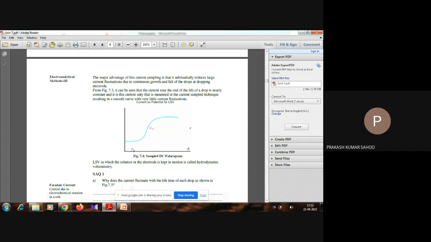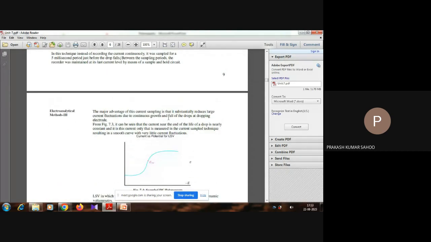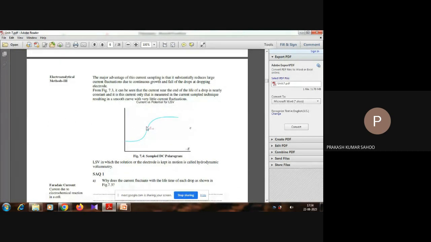So this step figure indicates the sampled DC polarogram. This is voltage versus current, and we will have this type of graph, and this is the midpoint of this plot. So this is known as the half wave potential, indicated as E half.